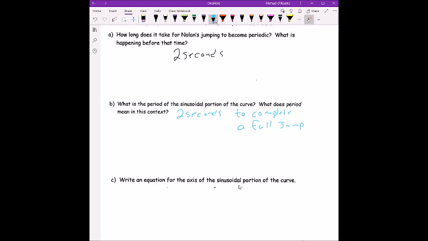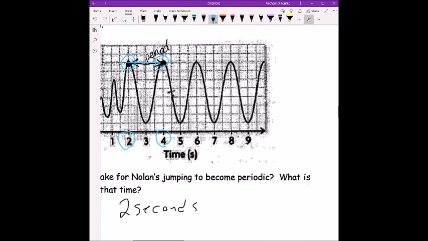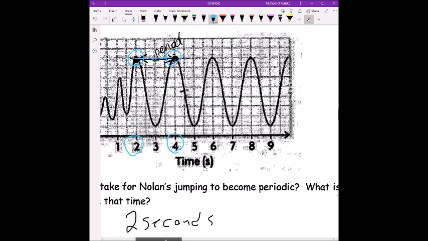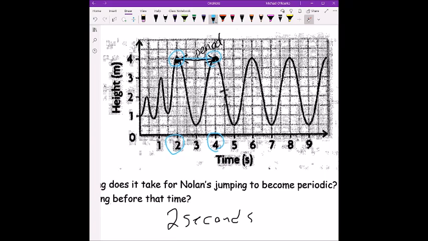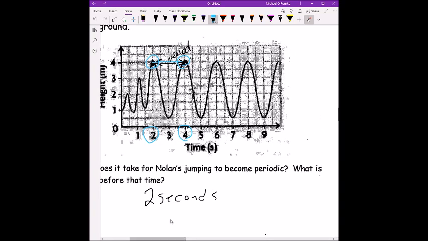So write the equation for the axis. What's the axis of that curve? Where's his middle height along those curves? What's the axis of the curve for that one? So if we take our max, our axis of the curve is max plus min divided by 2, right?